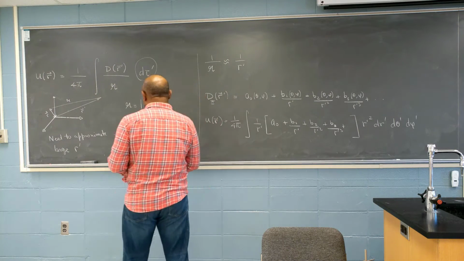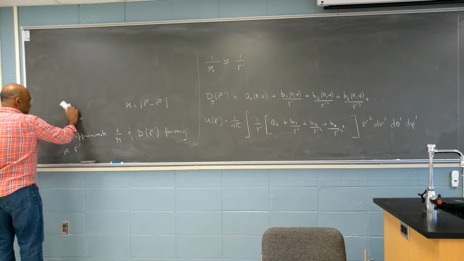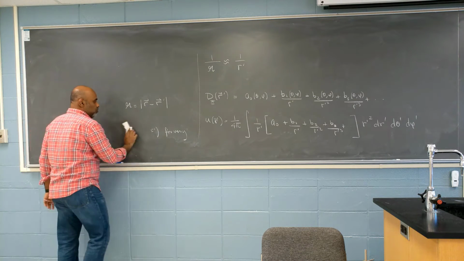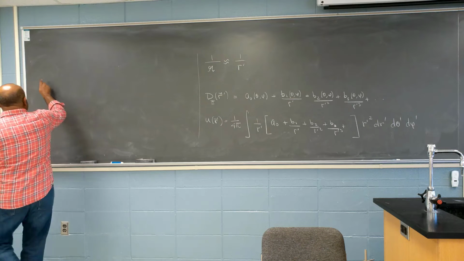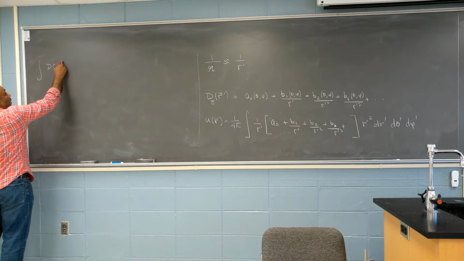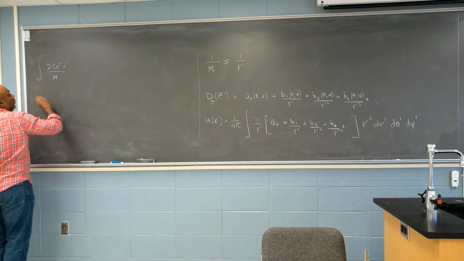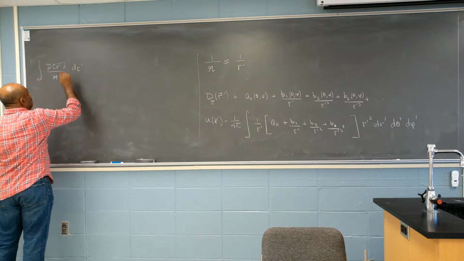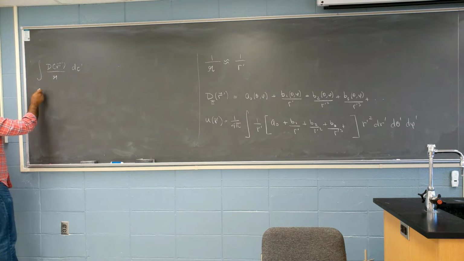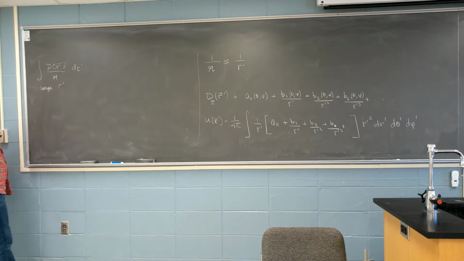Therefore, I'm going to focus only on the integral of d of r prime over r prime over this d tau for large r prime, to make sure that they are finite.